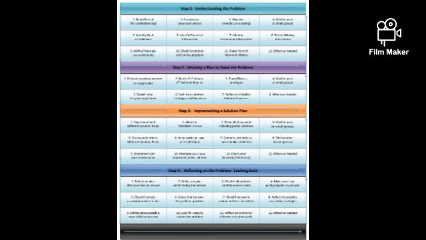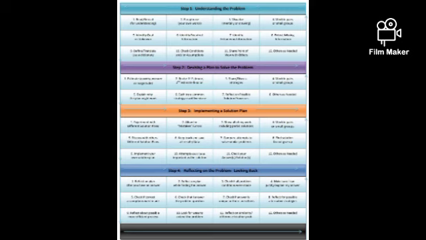Step 1, understanding the problem. Step 2, devising a plan to solve the problem. Step 3, implementing a solution plan. And step 4, reflecting on the problem, and that means looking back.